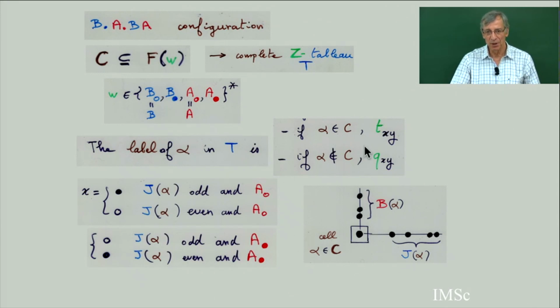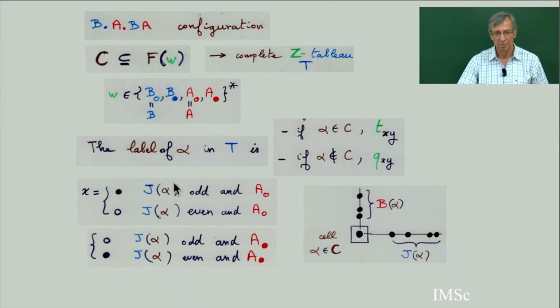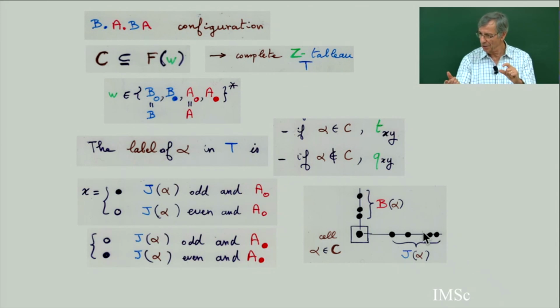And then X and Y will be a plain dot or an empty dot, according to whether something is missing. If the number of elements here is odd, then you look at the letter on the border. It can be A index empty dot or A index dot. If there is an odd number of such points, each time you cross one of these brown cells when you do the rewriting, the letter changes.